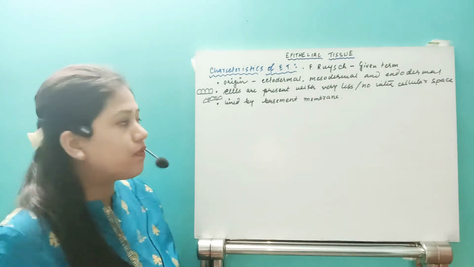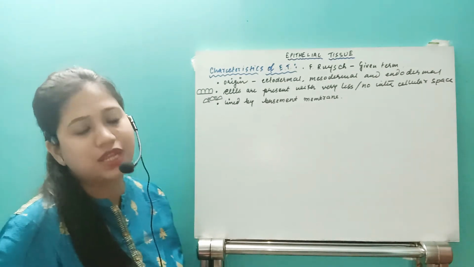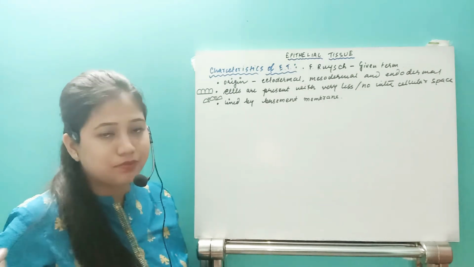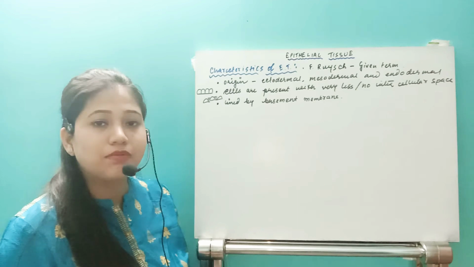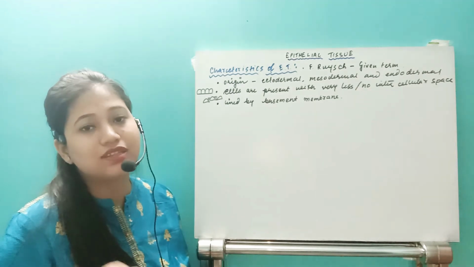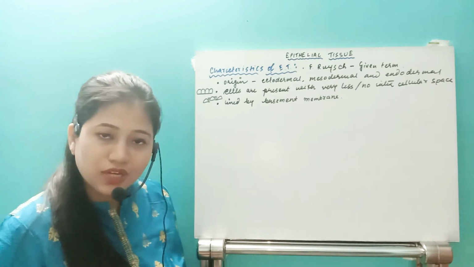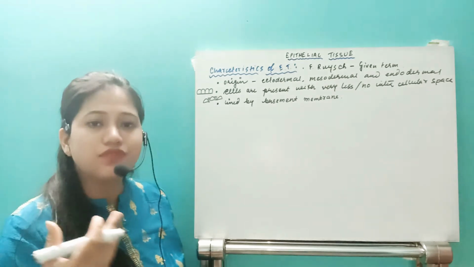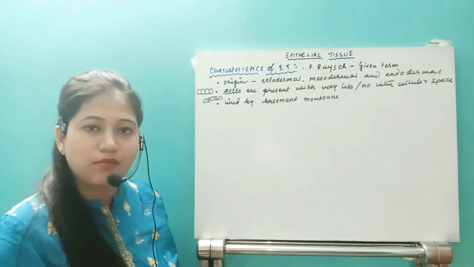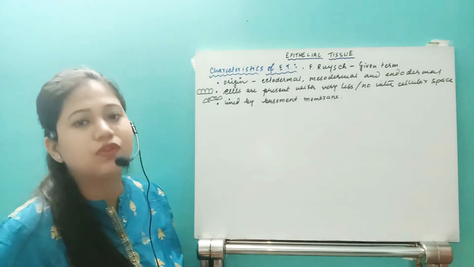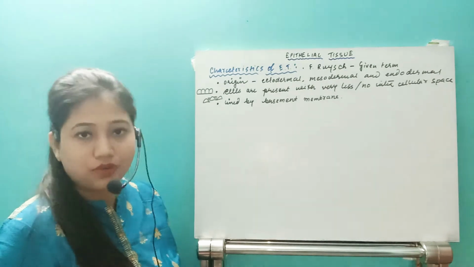So that's why it is lined by a basement membrane, which is a non-cellular layer. Just beneath the basement membrane we have another type of tissue, connective tissue. Blood vessels are a type of connective tissue. So blood vessels give the nutrients to the basement membrane, and from the basement membrane the nutrients and gases diffuse into the upper layer, right?